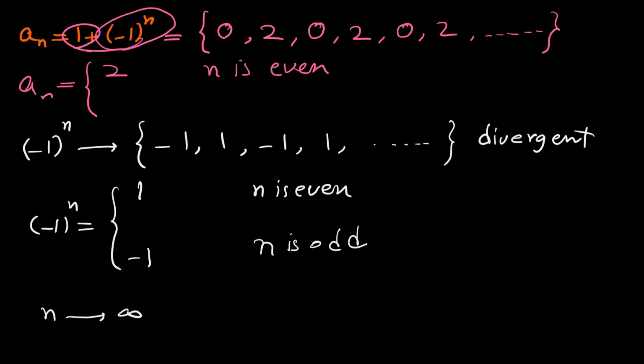So the sequence is 2 whenever n is even. Whenever the index of the sequence, the number of the term, is odd, this sequence is 0. And at infinity, we can be odd or even. So we don't know which value we approach. So the sequence is not convergent, and this is a divergent sequence.